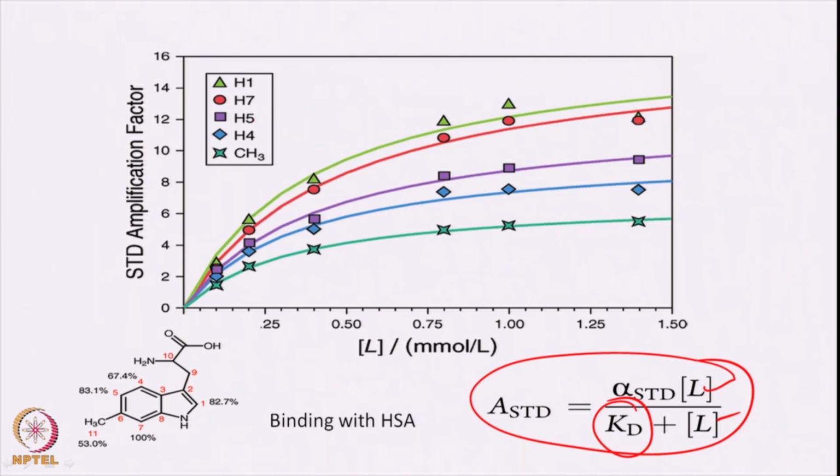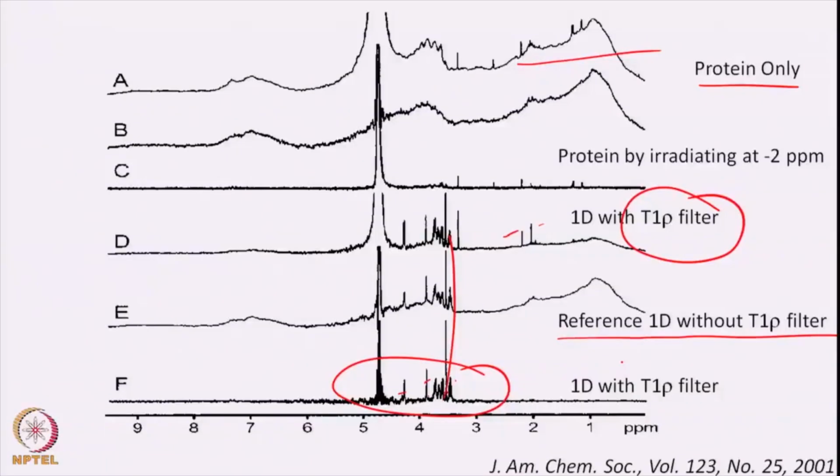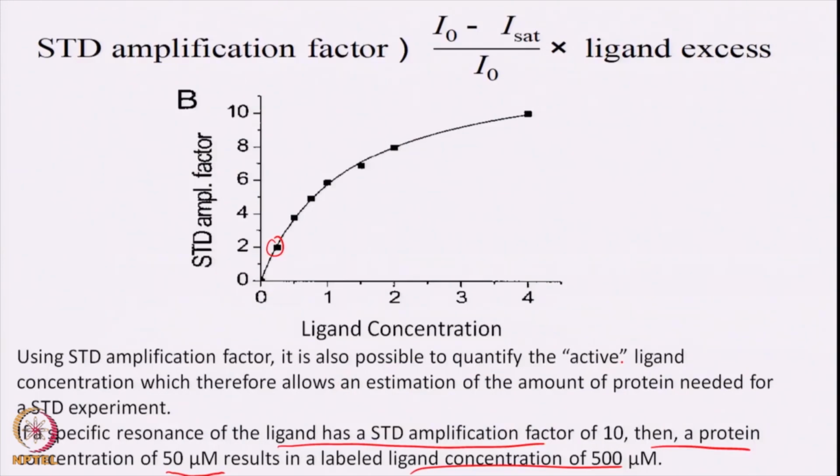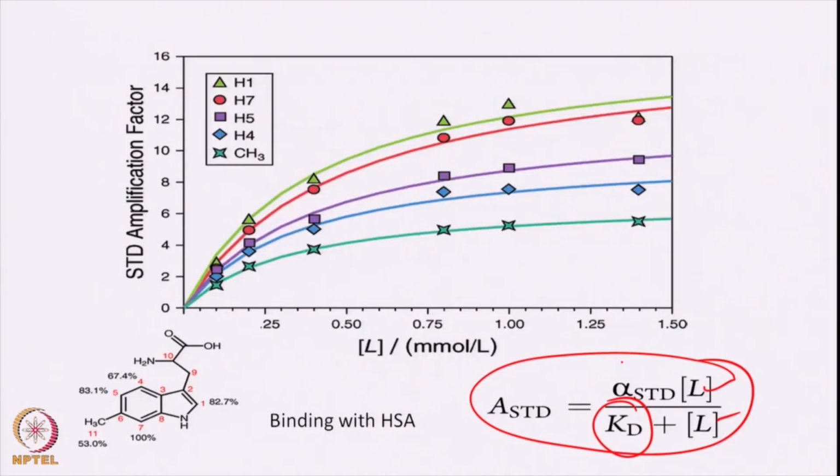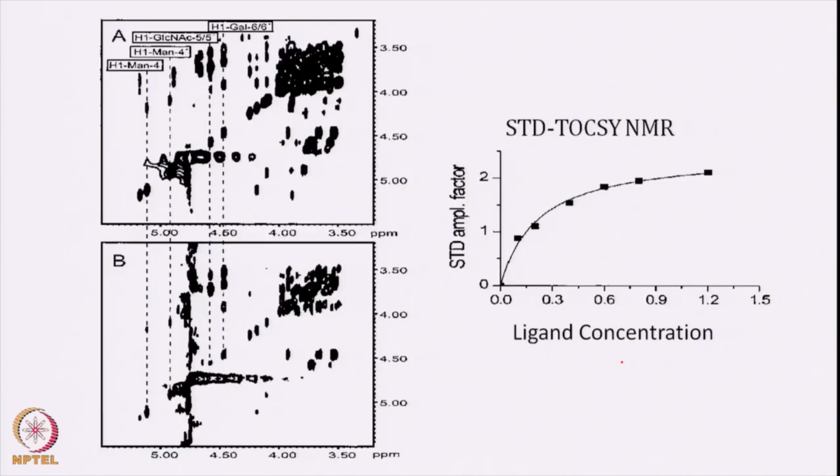So with STD one can find the binding epitope, group epitope mapping, the position of the binding atoms, the saturation by STD amplification, the minimum concentration required for saturation of the receptor, and then we can find the Kd.